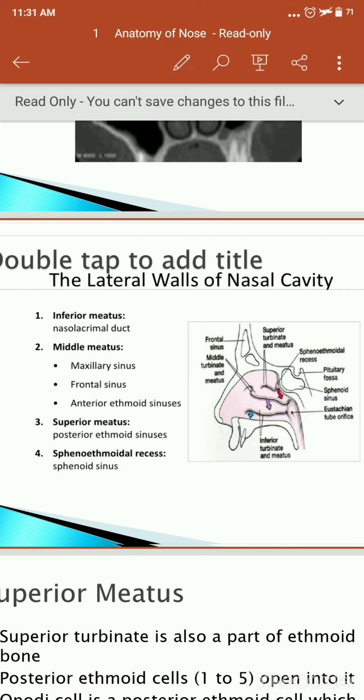They drain in middle meatus. Posterior ethmoid sinuses drain into superior meatus and sphenoid sinus drains in sphenoethmoidal recess.